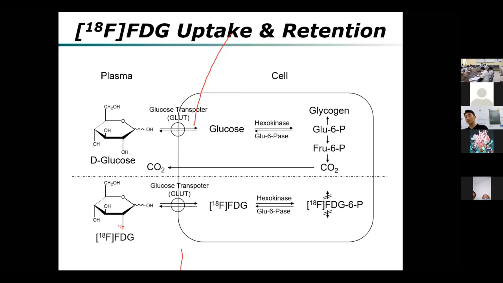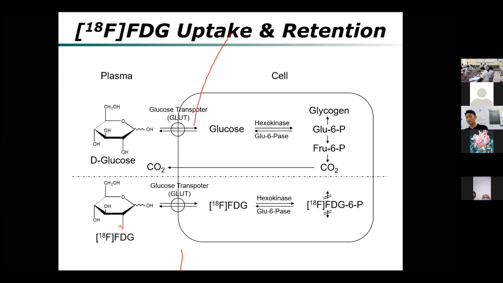Normal D-glucose is taken up into the cell using a glucose transporter. After it is transported into the cell, it goes through the enzymatic pathway to be used as an energy source. In this case, the final product is carbon dioxide, which directly diffuses to the outside of the cell. That is one whole cycle for taking energy. But in the case of FDG, the second carbon position is exchanged with radioactive F-18.